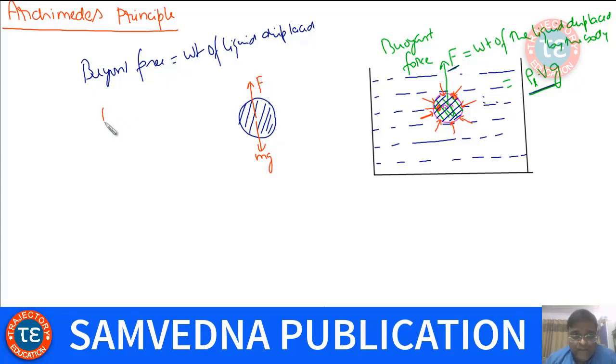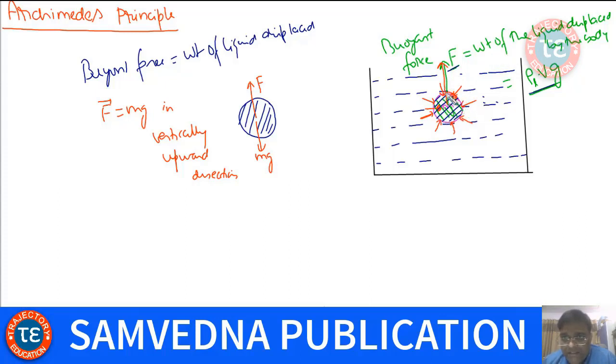So this force F is equal to mg in the vertically upward direction. So the resultant of all these forces is F in the upward direction, which is equal to the weight of the liquid displaced, the weight of the liquid which is lying in this volume.